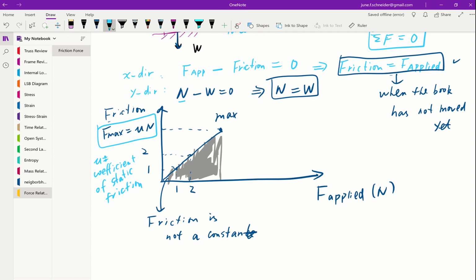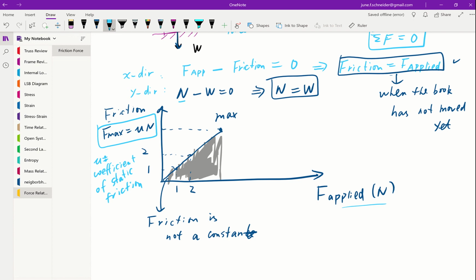And then from our life experience, for example, if your car gets broken down and you're trying to move it outside to the curb, when you push, which means you apply this force, your applied force increases, and the friction increases during that process because the car has not moved yet.